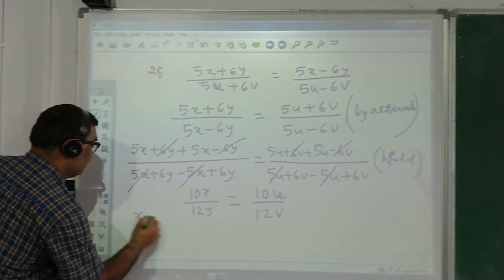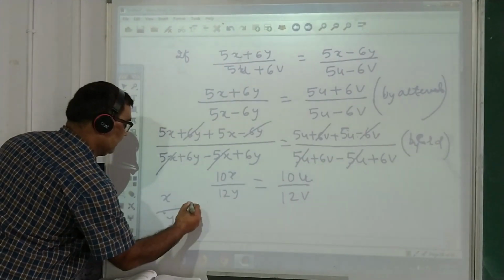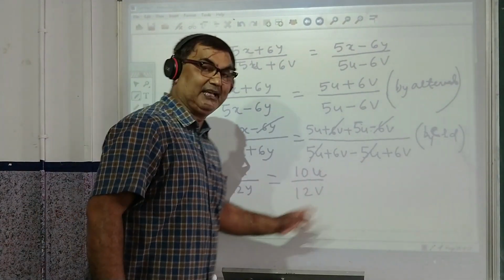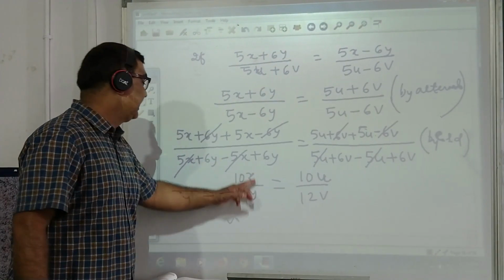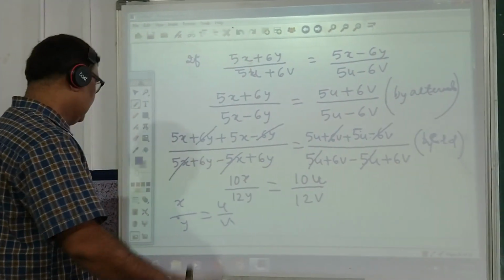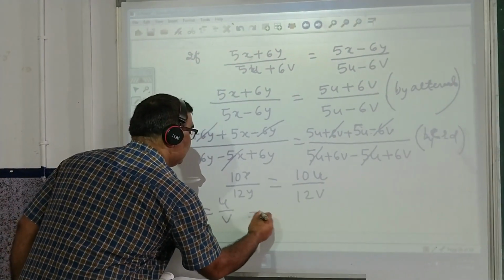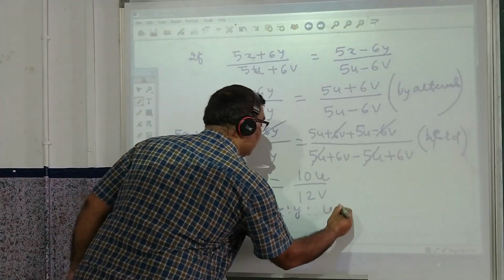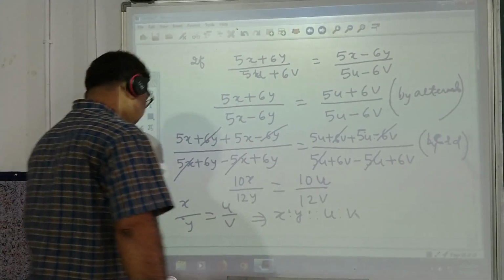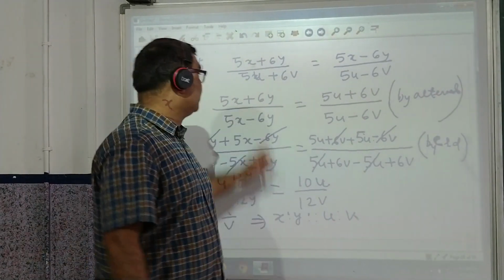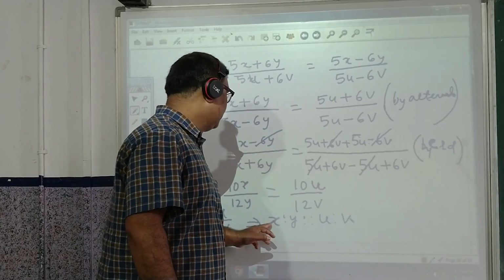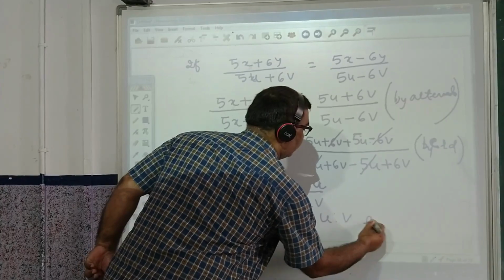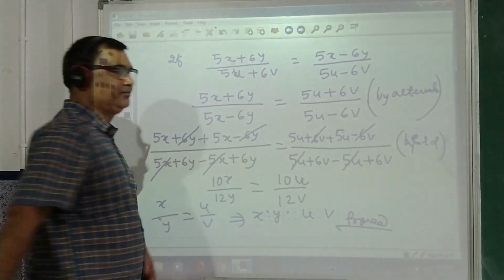So what is left? x by y is equal to u by v. 10 by 12 cancelling from both sides, what is left? x by y is equal to u by v. So now, can I write this as x is to y as u is to v? This was the question, to prove this was given. Now we needed to prove x is to y equals u is to v. So proved. Thank you.